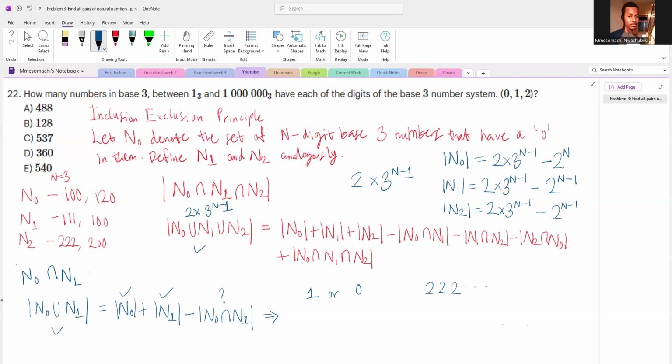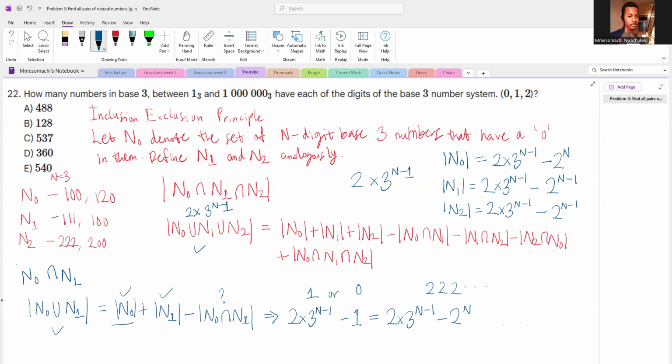We calculate the total, 2 times 3 to the power of n minus 1. We've already done that. Minus 1, so we subtract 1. And we have that this is equal to 2 times 3 to the power of n minus 1 plus 2 times 3 to the power of n minus 1, so the size of n0, which should be minus 2 to the power of n.